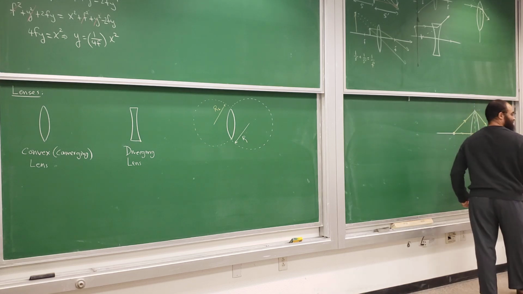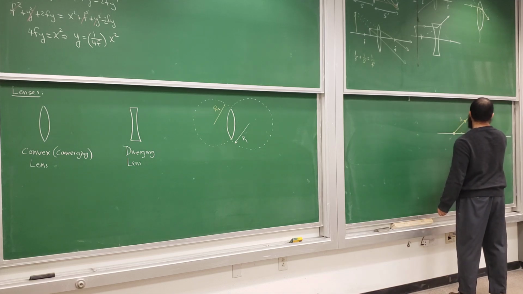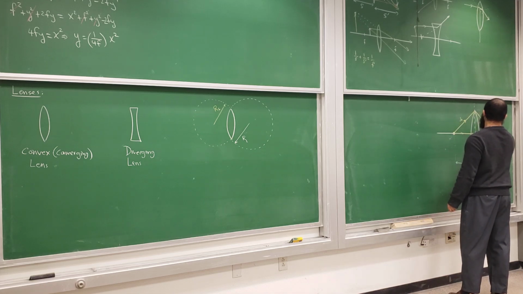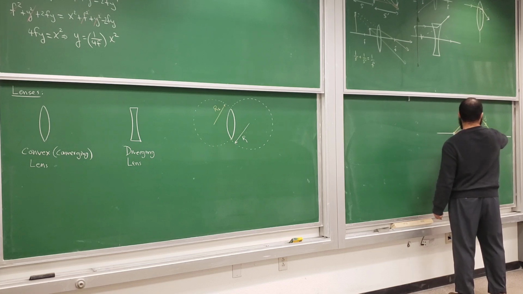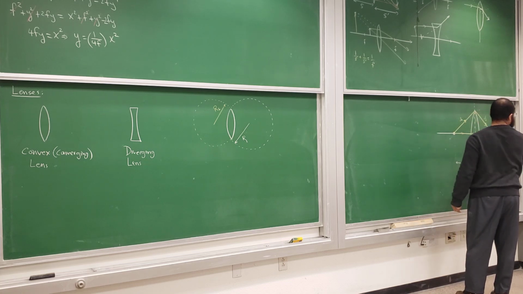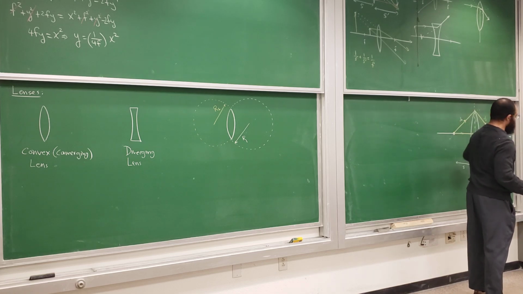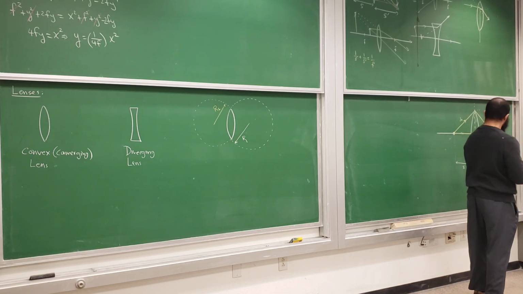Make sense? Let's call this distance D1, this distance D2, and then D1 plus D2 is the total length traveled by this ray.